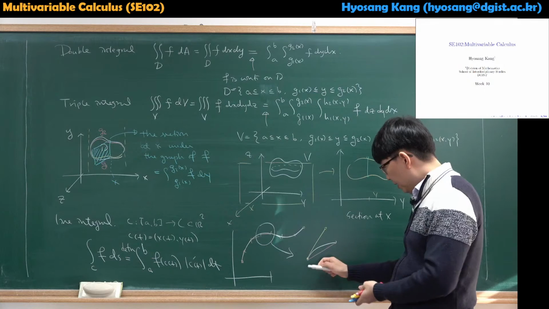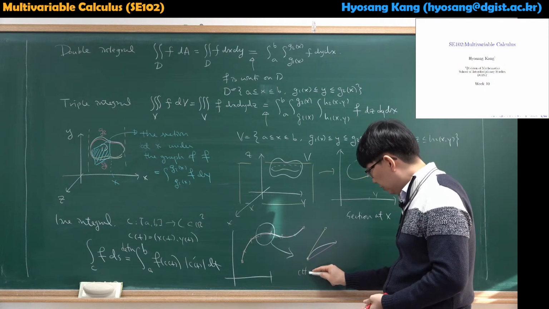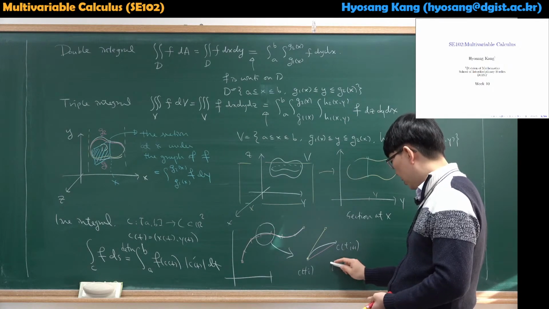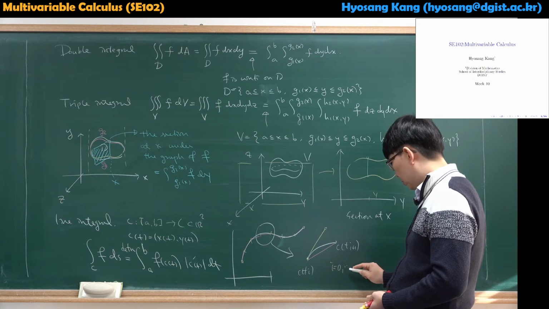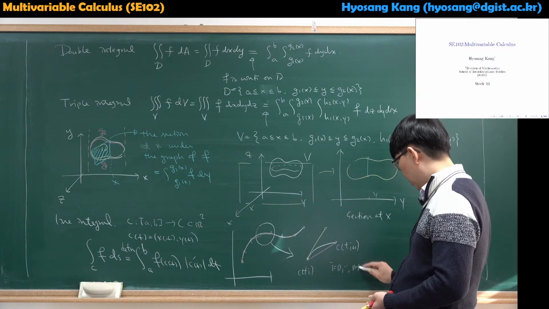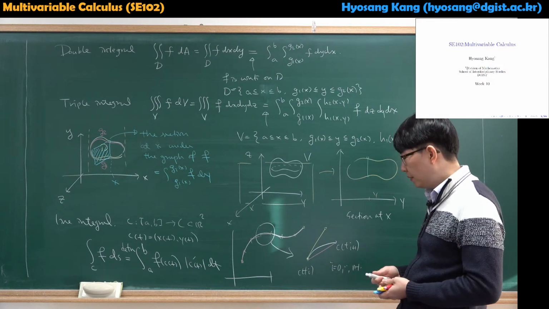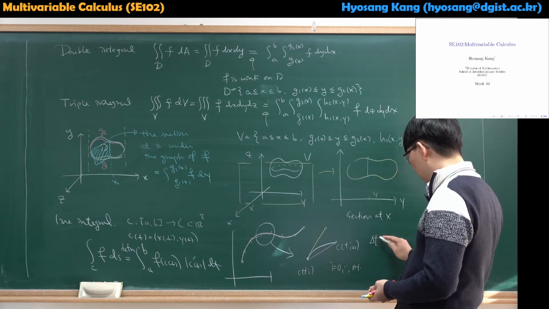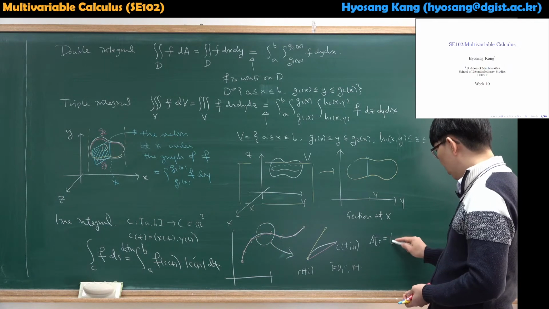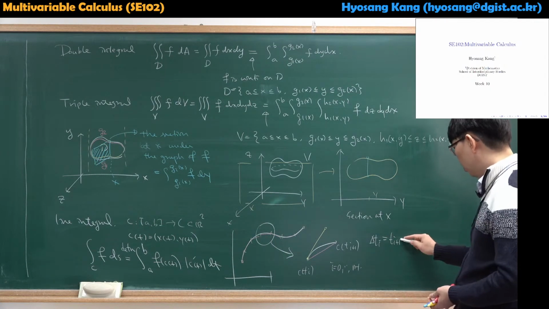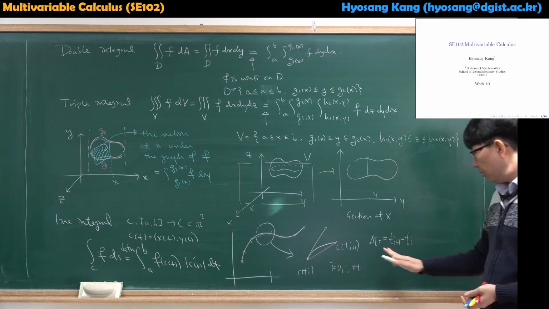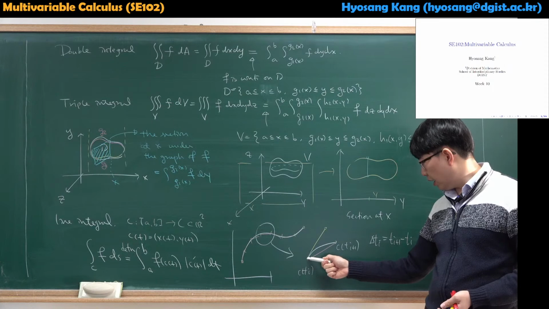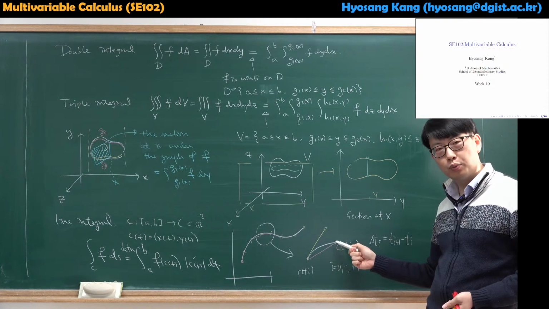So when I have C(ti) and C(ti+1), where i is from 0 to n minus 1, where n is the number of subdivisions, it takes delta ti, which is ti+1 minus ti time, to get from C(ti) to C(ti+1).